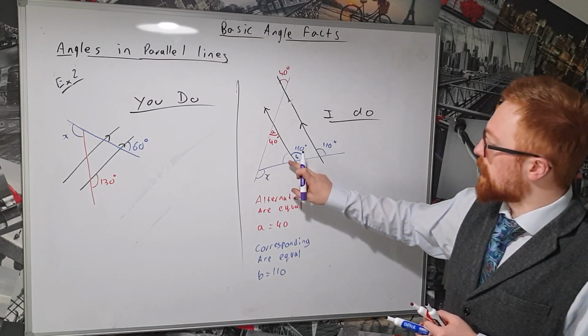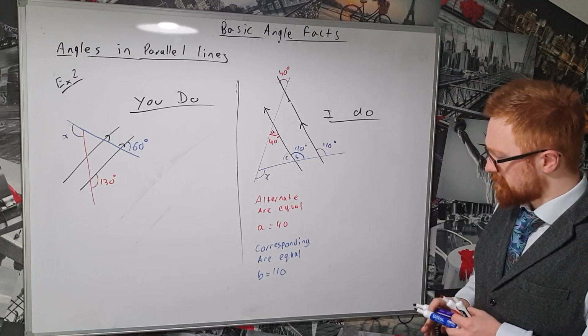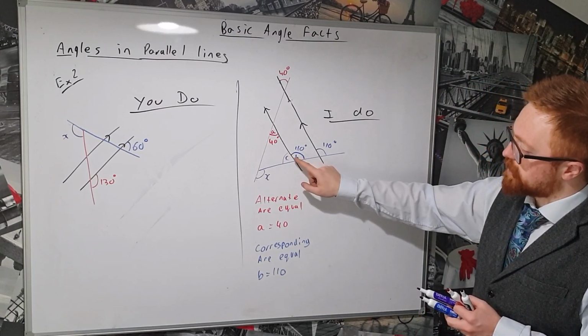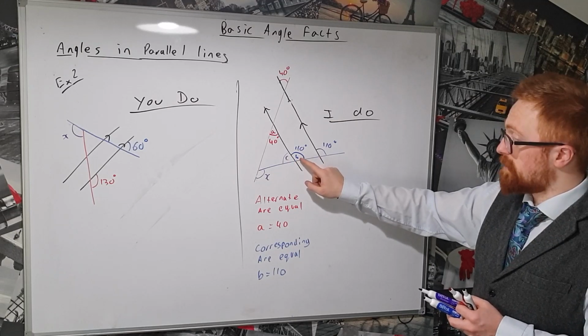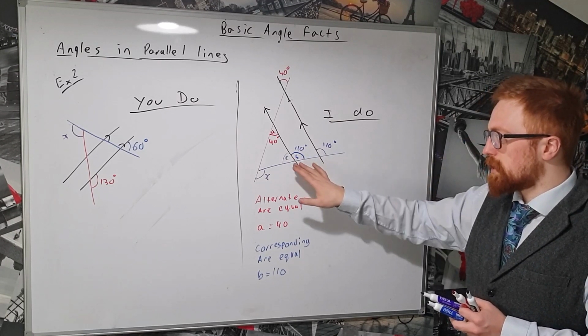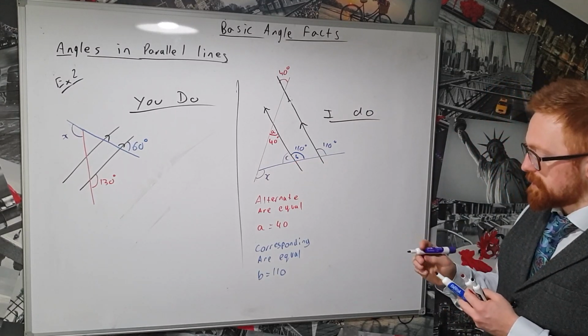Okay, so now I can work out what this angle is here. Let's label that C. So I can try and work out C by looking at these two angles. Well, I know these two angles are around the same point on a straight line, so they must add up to, can I remember? Exactly 180 degrees.